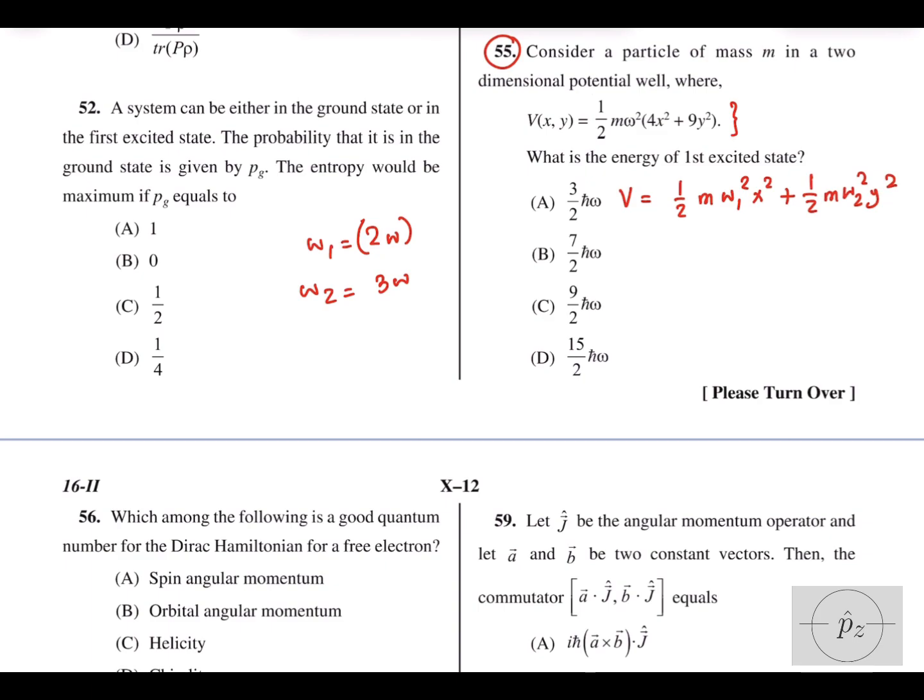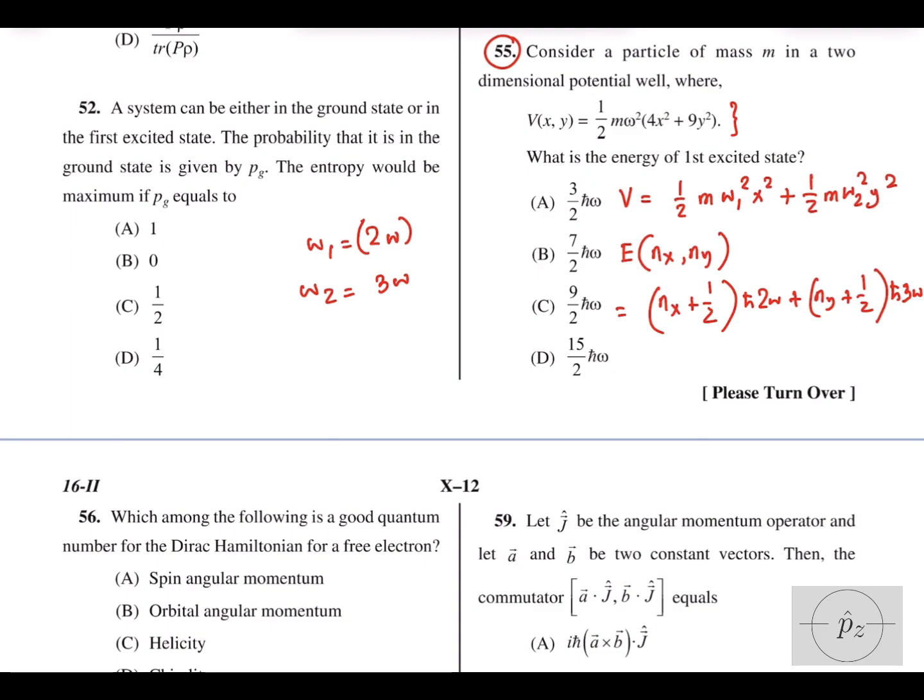We now know the energy eigenvalues. These are given by two numbers nx and ny, and this is given by (nx plus half) h bar omega 1 plus (ny plus half) h bar omega 2. So omega 1 is 2 omega and omega 2 is 3 omega.